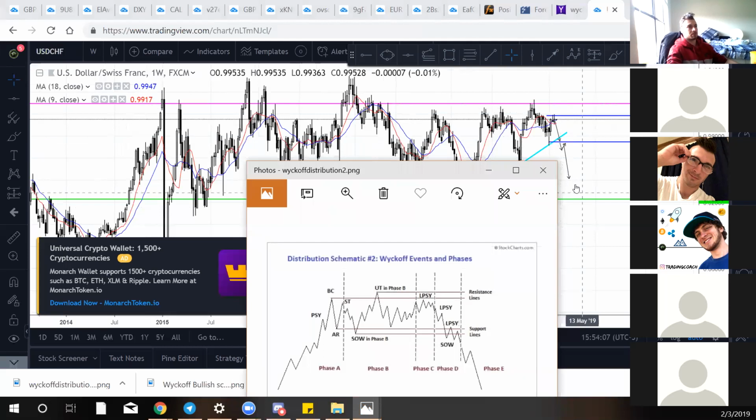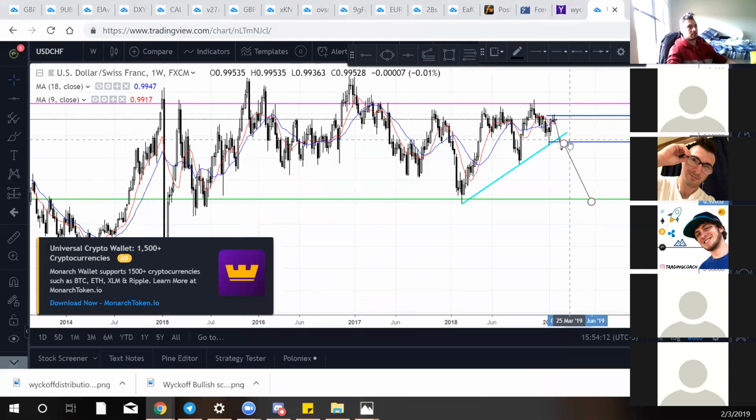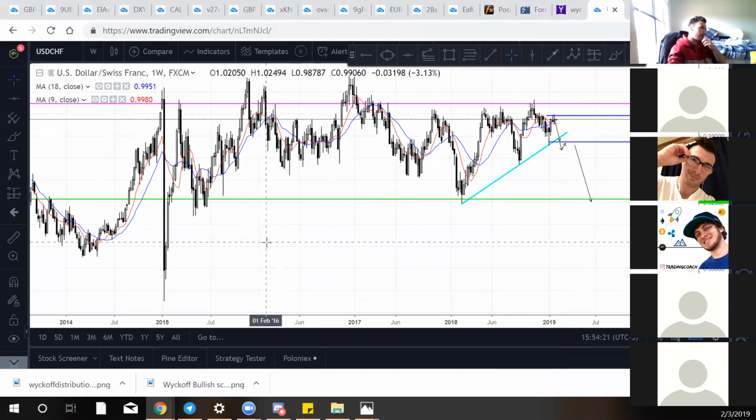So we could potentially see some drop down here, and let me extend that a little bit into the 92 area too. So with that being said, guys, that's what we're going to be looking at for the rest of the week and the rest of February. Look for the drop in USD CHF and make sure to hold that drop as well.